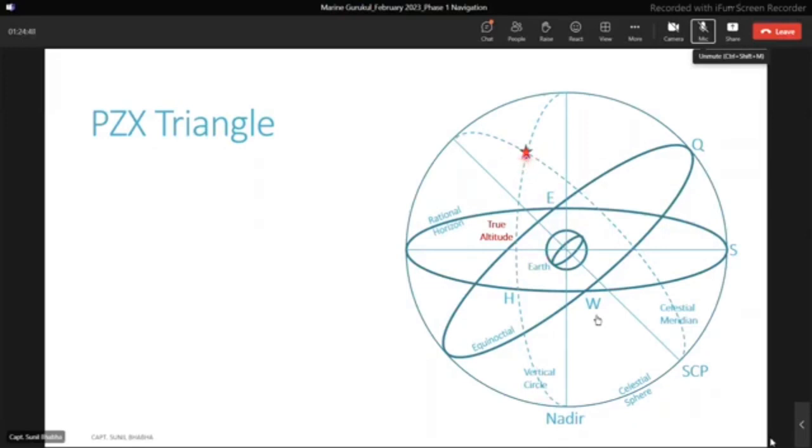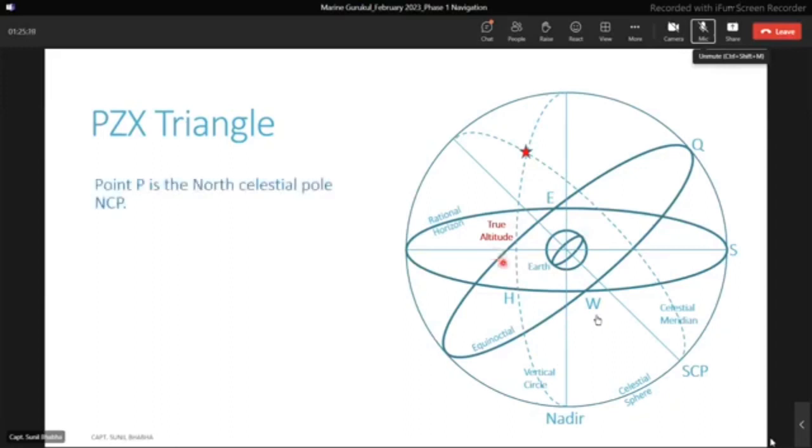If you consider this arc of the vertical circle contained between the horizon at point H up to the center of the celestial body, we just now saw that this is the true altitude of the body. So all these things we have discussed already. There's nothing extra here. And now we will try to find out the concept of the PZX triangle, which is hidden in this particular diagram only.